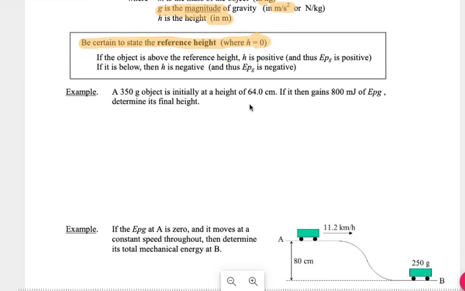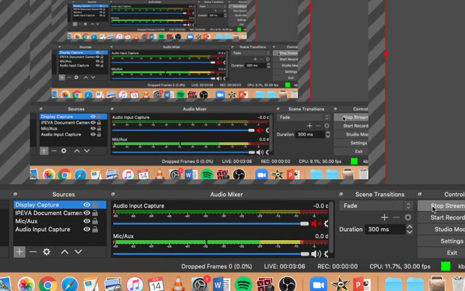We have an object initially at a height of 64 centimeters, and we're going to gain or give it 800 millijoules, right? Lowercase m. So milli means times 10 to the negative 3. You can look on your formula sheet for that. So we have an object, I'll just think of it as a box, with 0.35 kilograms, right?